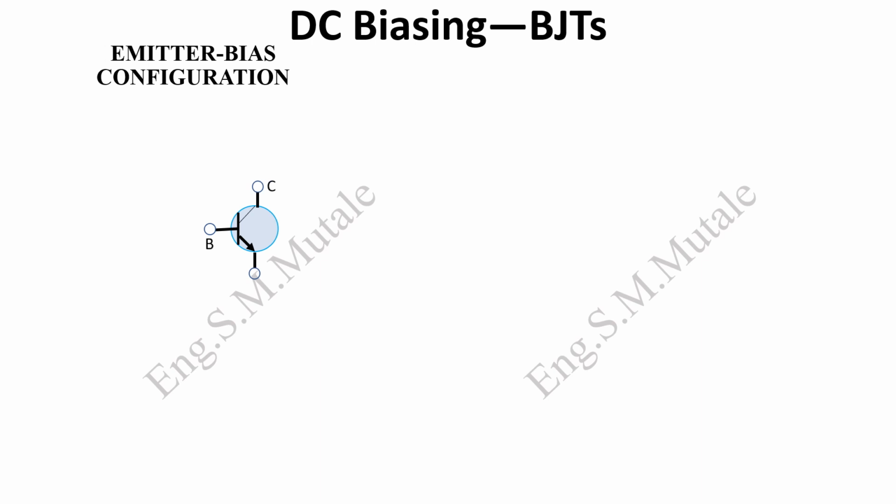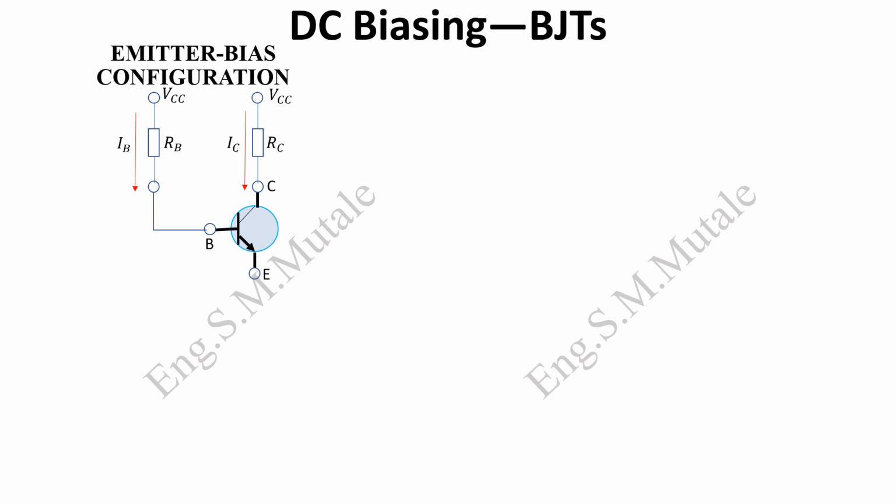As we know, transistors have three terminals: collector, base, and the emitter. So for emitter bias configuration, you have a resistor connected on the collector, which we are calling RC, and it has a current passing through it, which is IC, of course. And there is a resistor connected to the base, which we are calling RB, or base resistor. It's also excited by VCC, and it has a current passing through it, which we are calling IB.